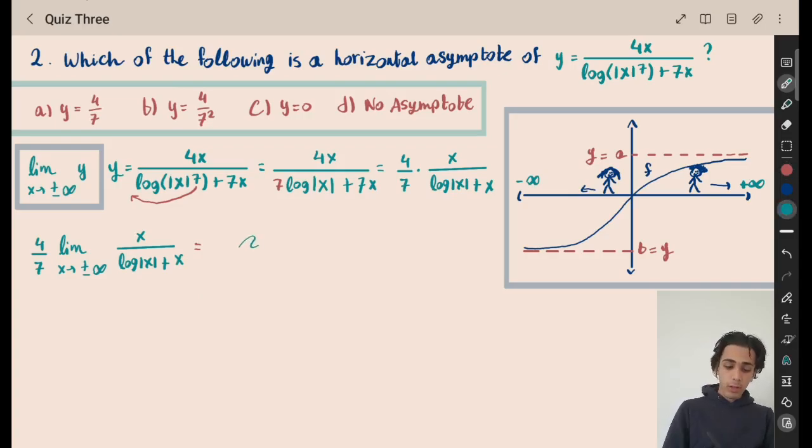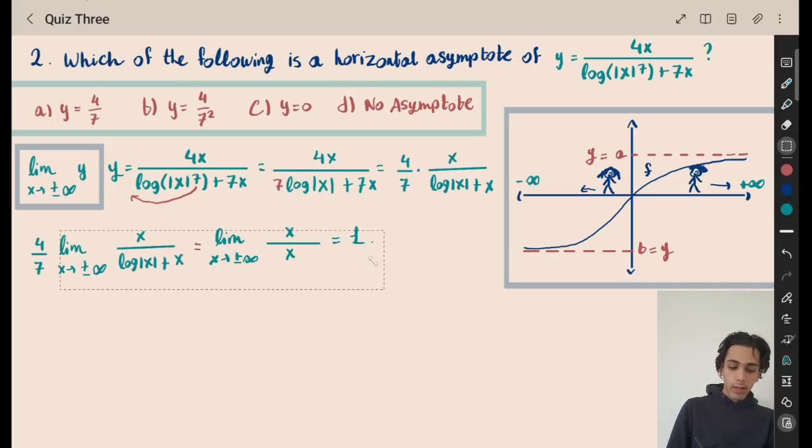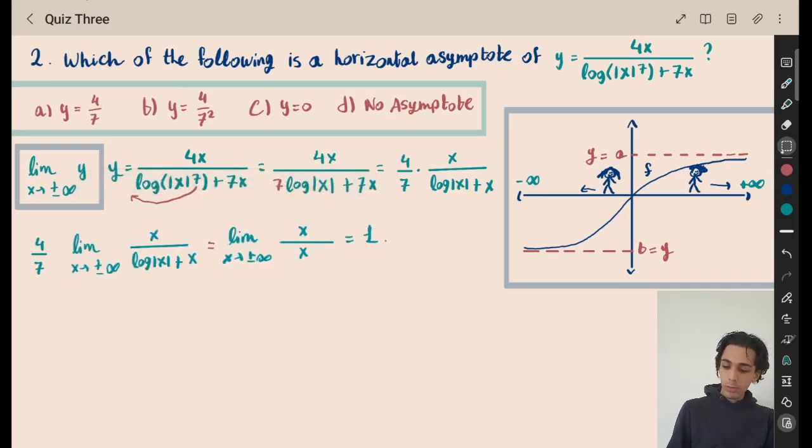So this is actually equal to the limit of x divided by x, which is 1. Now I'm talking about this limit. Right now I'm talking about this, just to be very, very precise.